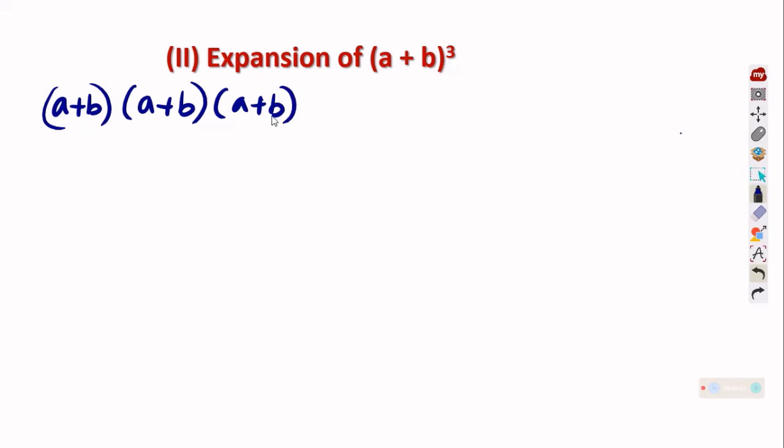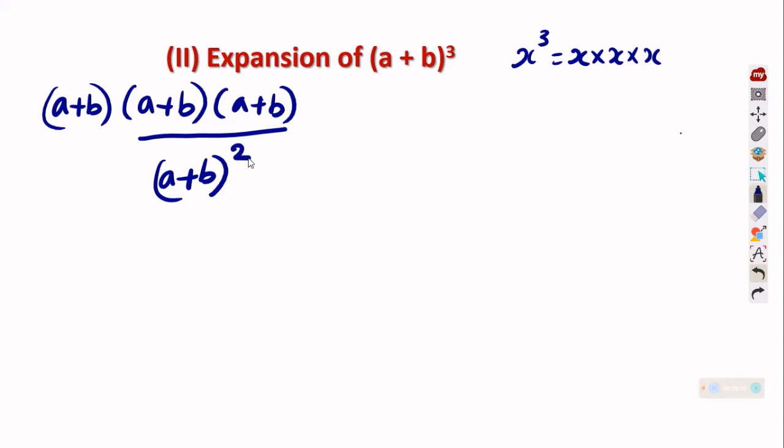If this is the case, we know that among these, (a plus b) into (a plus b) can be written as (a plus b) whole square, and the other (a plus b) remains as it is.